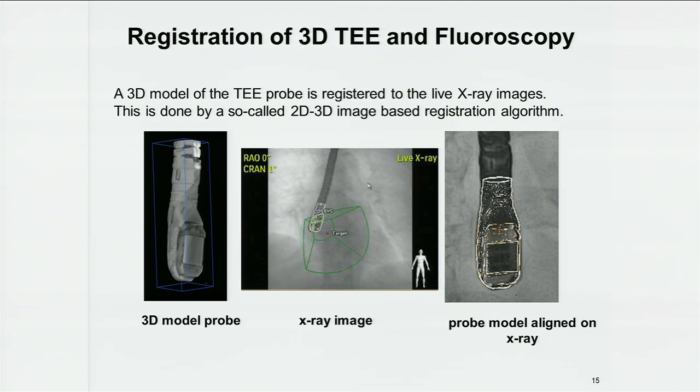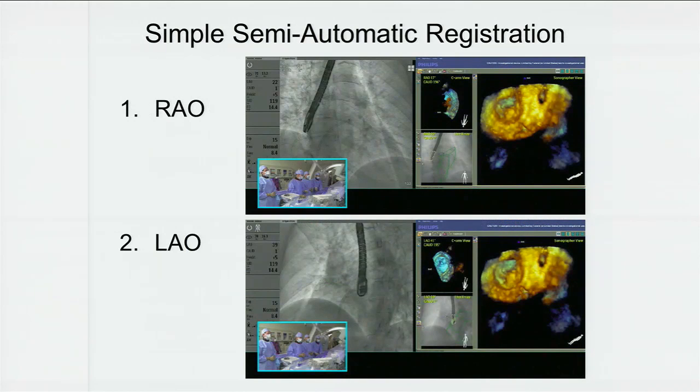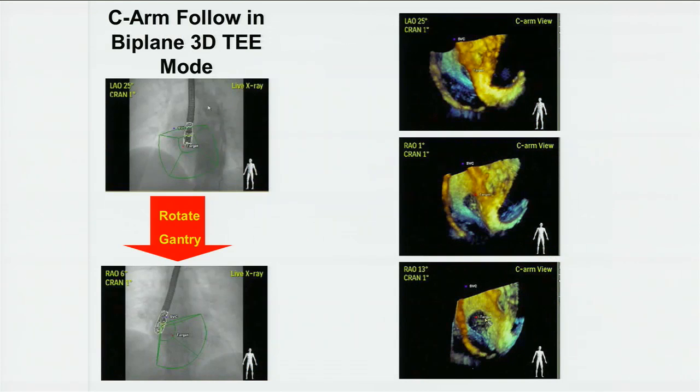You align the probe and you know where that 3D TEE ultrasound data set will lie in X-ray space, so to speak. And the way we do this registration is you simply do two views of the probe, an RAO and an LAO, at arbitrary angles, and this registration of that probe then allows you to align the X-ray and ultrasound images in the following way.